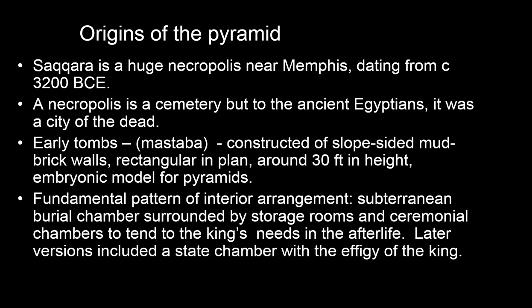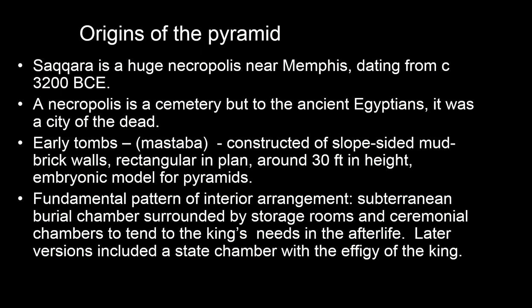So the early tombs of this culture that was fascinated with the pharaohs moving on into heaven but having a home on earth was this thing called the mastaba. Mastaba in Arabic means bench or something like a bench. It's a giant bench, but a bench nonetheless.